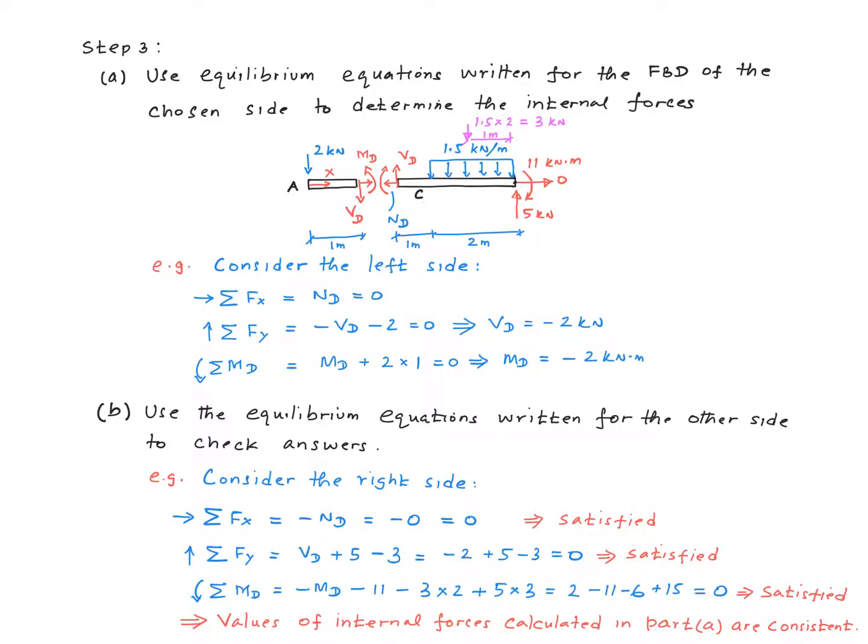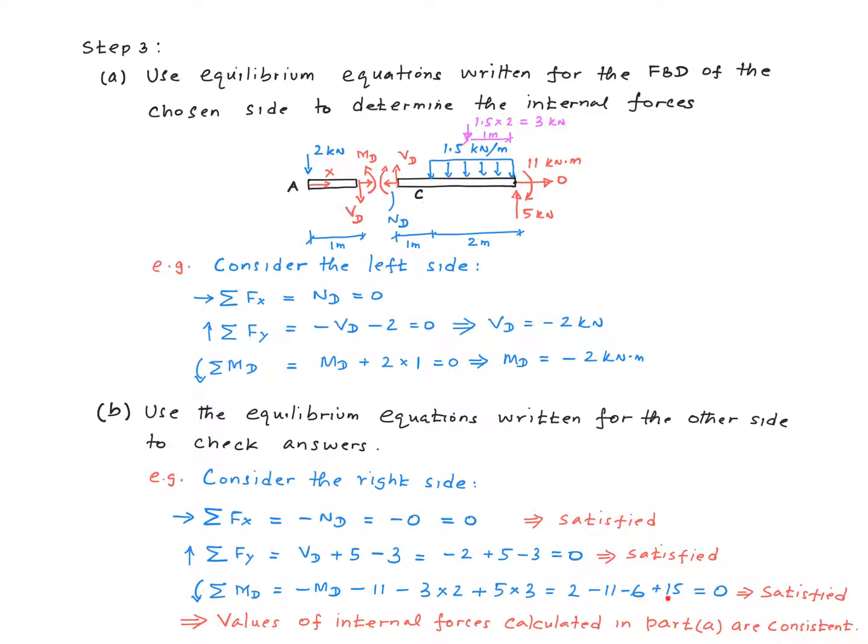So you got this V_D plus 5 minus 3. But now I'm going to use minus 2 kilonewton for V_D, which is what we got in part A. And if I use that, you can see this sum works out to be equal to 0, and therefore the equilibrium equation is satisfied using the values we got in part A, and so on, right?